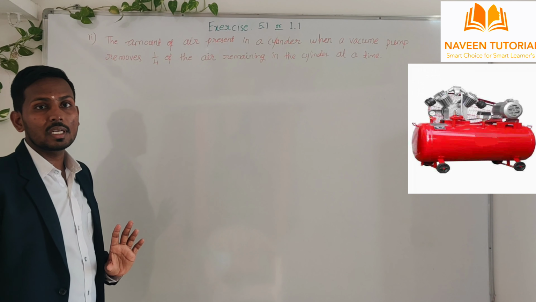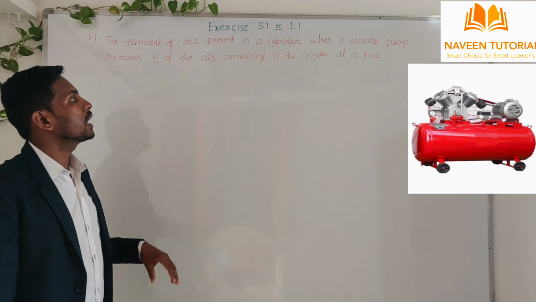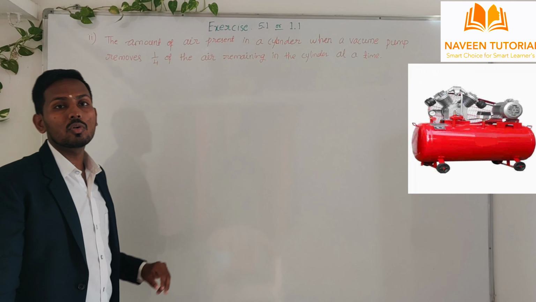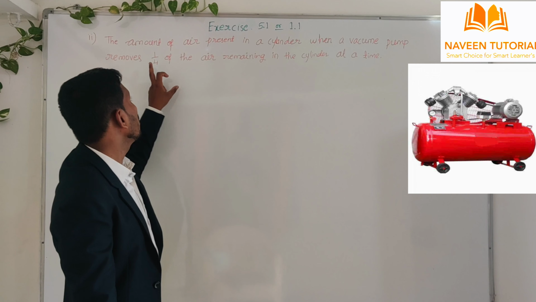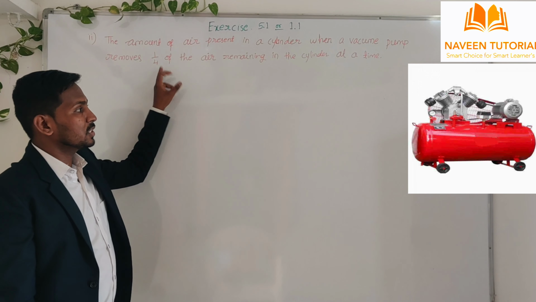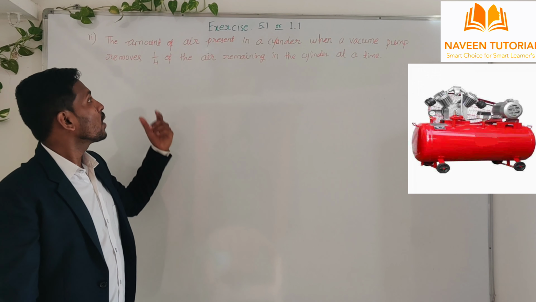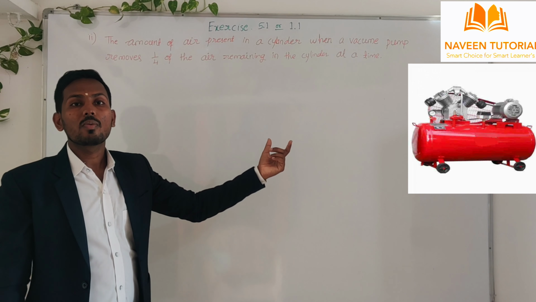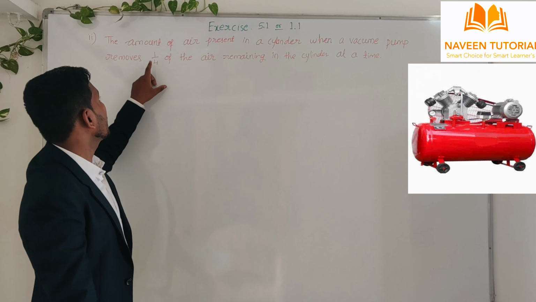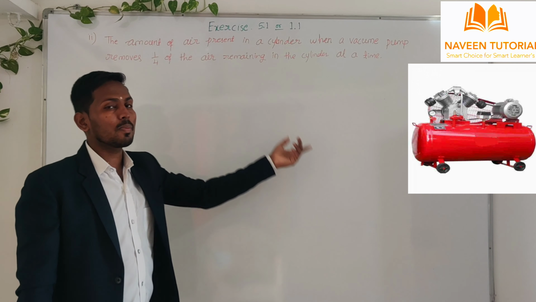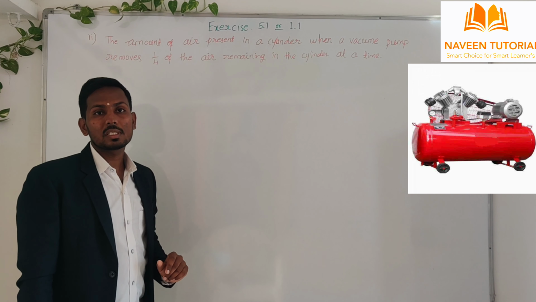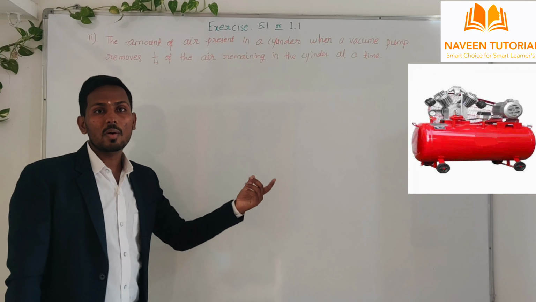If 100% air is present in the cylinder, then if it is pumped one time, it will remove 25%, since 1/4 of 100% is 25%. Next, 75% remains. If you pump again, 1/4 of the air in that 75% will be removed.